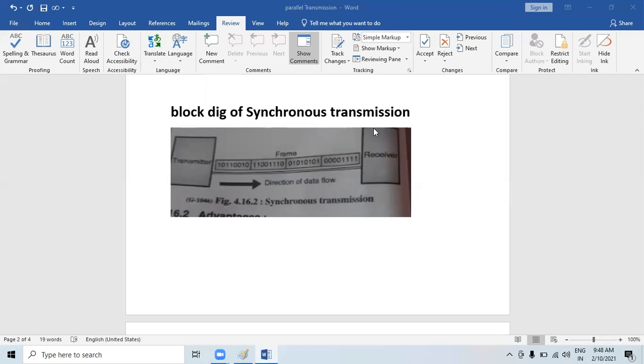So communication occurs between two computers in synchronous, and between keyboard and computer in asynchronous transmission. This is the comparison of synchronous and asynchronous: no synchronization is needed in asynchronous transmission, and synchronization is required in synchronous transmission.